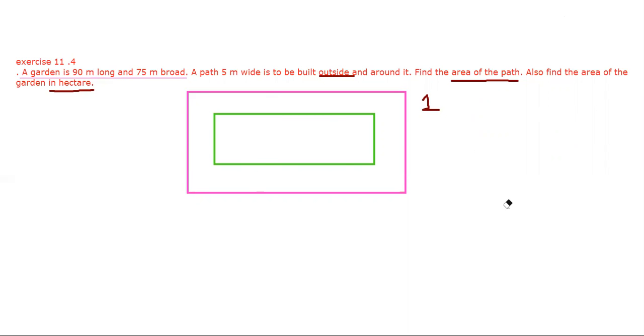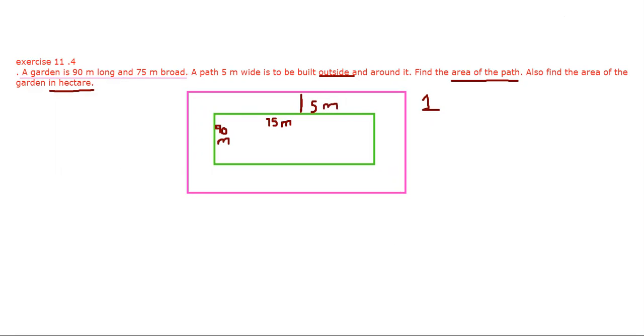Now, if we look at this question really carefully, it says the length is 90 meters, let us write it down, and this is 75 meters, and this width of the path is 5 meters.